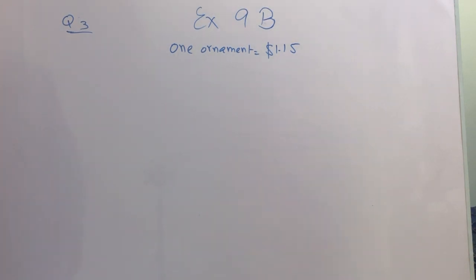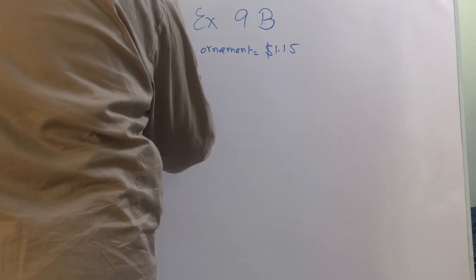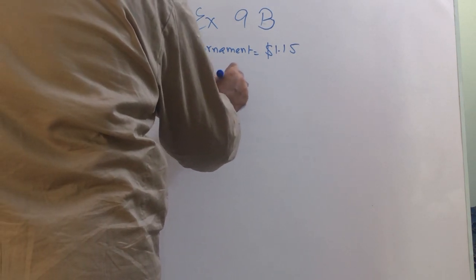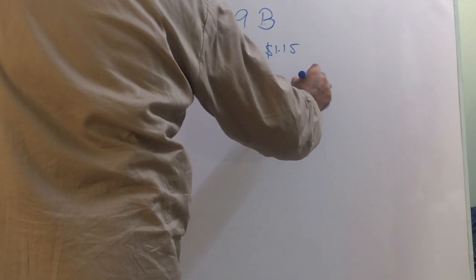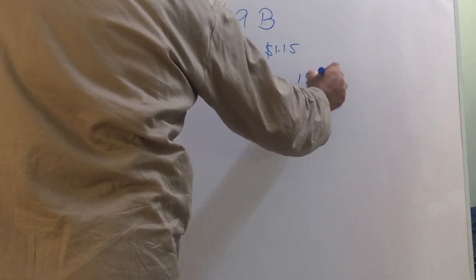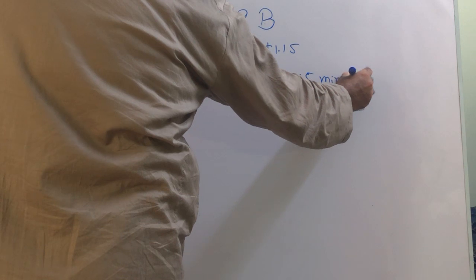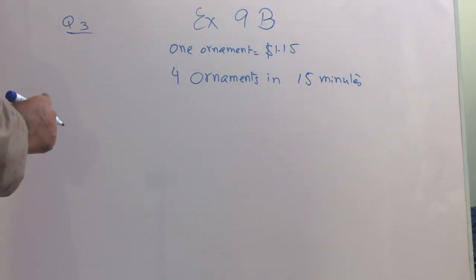He makes 4 ornaments every 15 minutes. Okay, so 4 ornaments in how many minutes? 15 minutes. Find the amount earned by the worker.